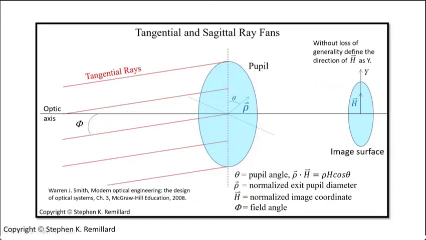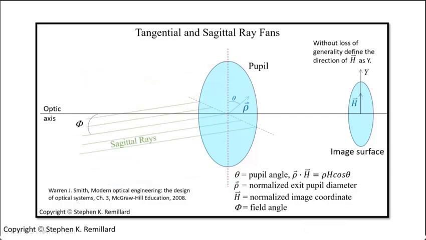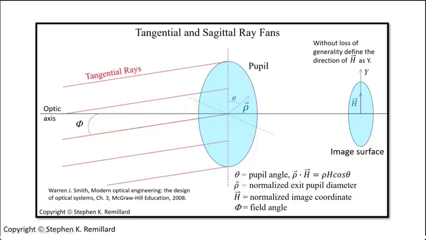Coma affects sagittal and tangential rays differently. Tangential rays approach along a vertical axis, as opposed to sagittal rays which approach along a horizontal axis. Of course, both are present at any time as the whole pupil is peppered with ray traces. When the field angle is 0, there is no coma, and as the field angle grows, coma becomes more acute.